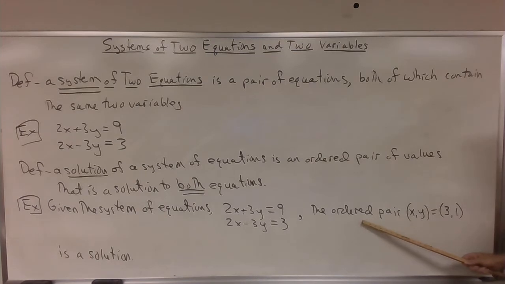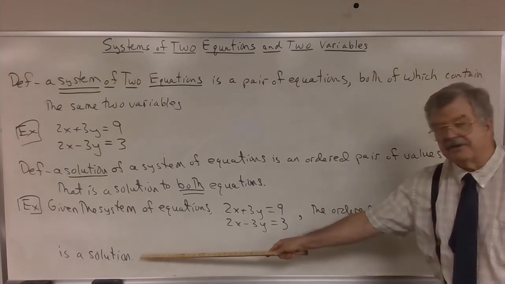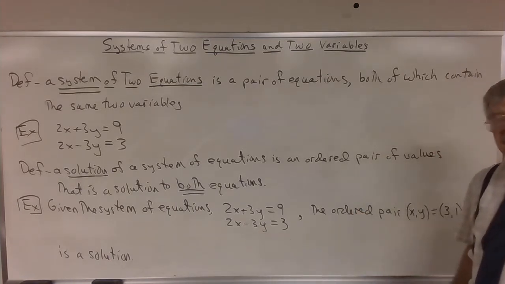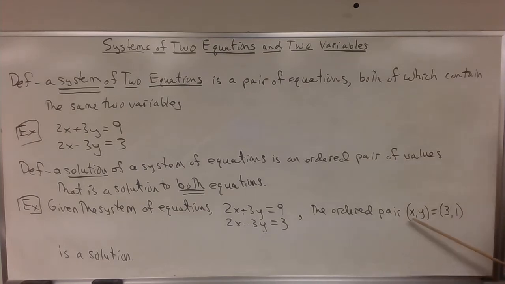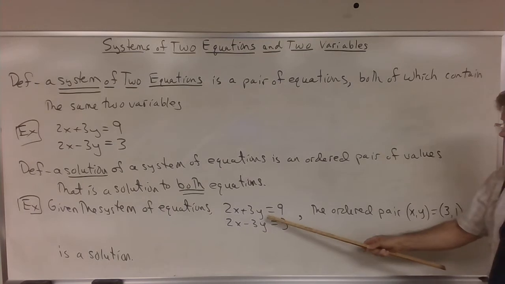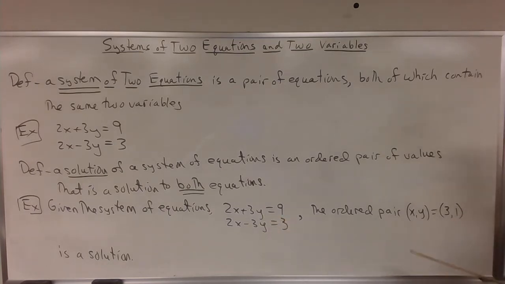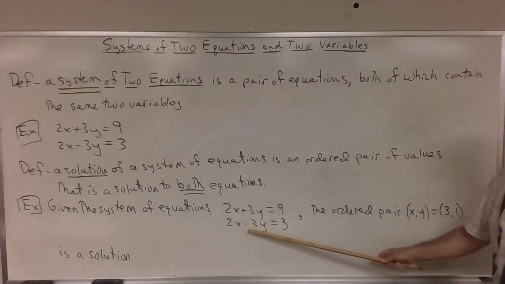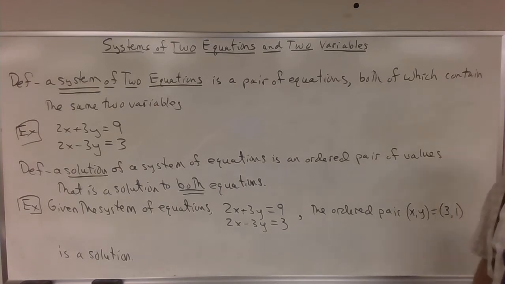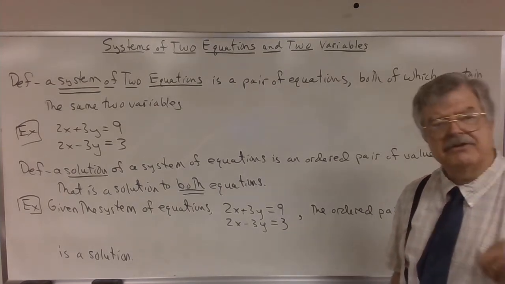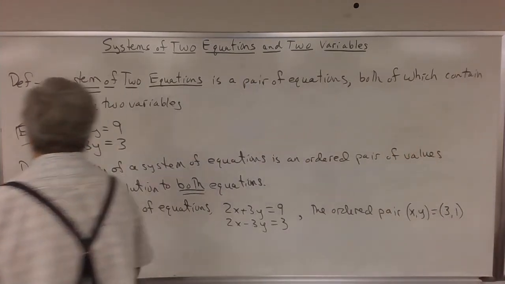I claim that the ordered pair (x, y) equals (3, 1) is a solution to this system of equations. And what that means is x equals 3 and y equals 1 is a solution of this equation, and x equals 3 and y equals 1 is also a solution of this equation. Let's check and make sure that that really turns out to be the case.